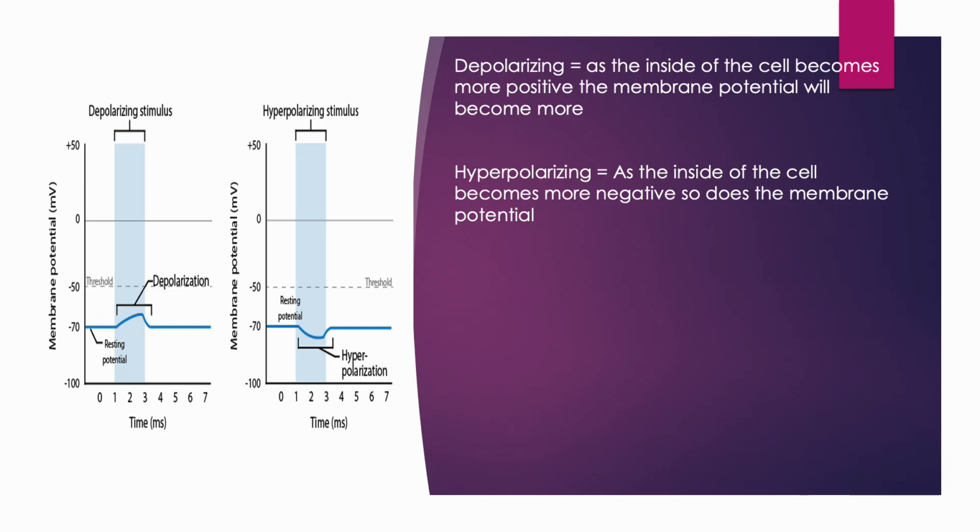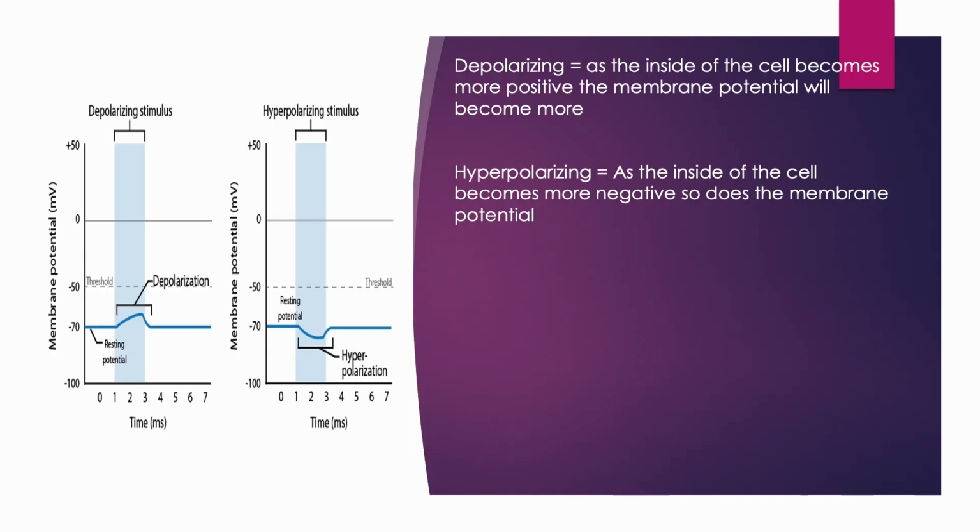There are two types of graded potentials, depolarizing and hyperpolarizing. As you can see here, we have two charts, both a representation of what it looks like for a cell to be depolarized versus hyperpolarized.